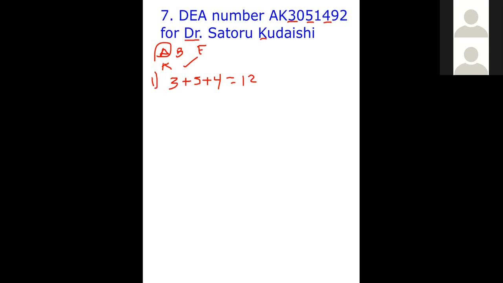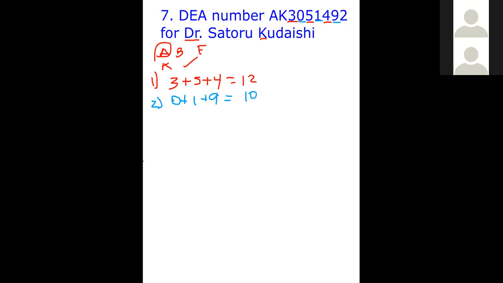So again, this is our first step. Then our second step is to add the second, fourth, and sixth numbers. So 0 plus 1 plus 9. That is equal to 10.